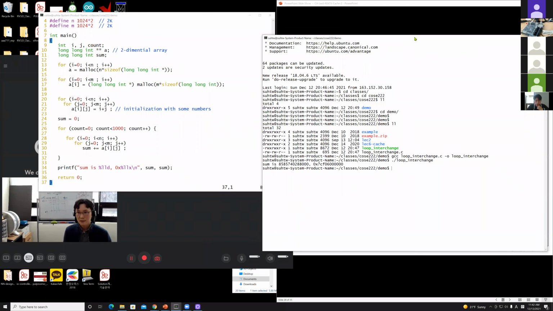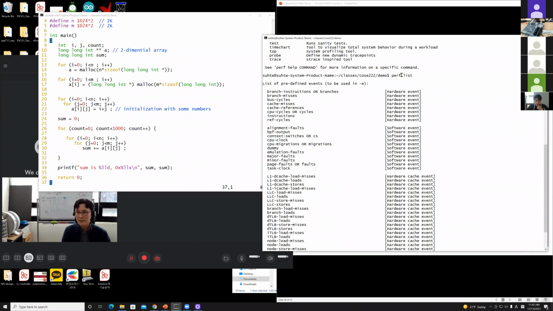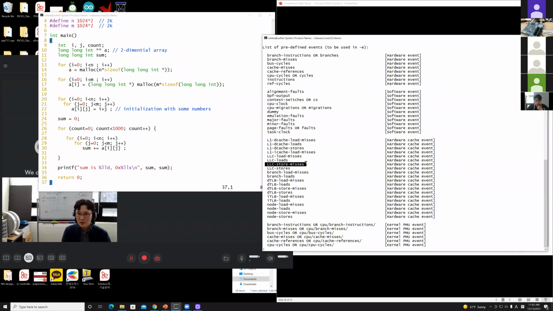You can use a program called perf, short for performance. With perf list, you can see many different metrics like L1 data cache misses, last level cache store misses, and last level cache load misses.